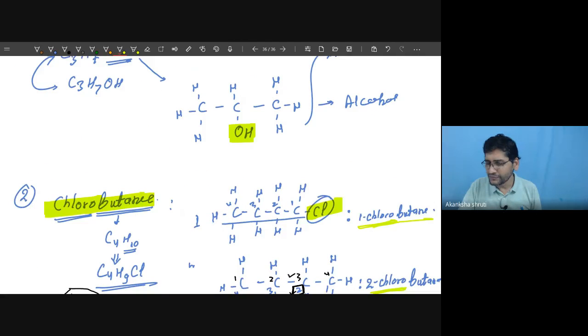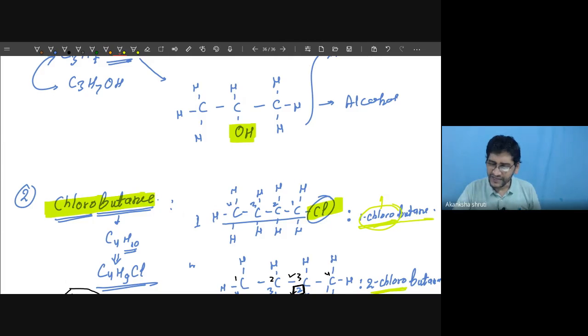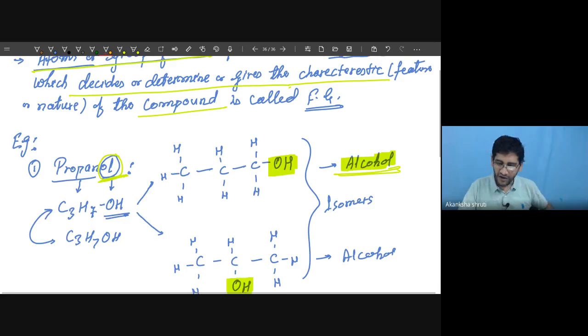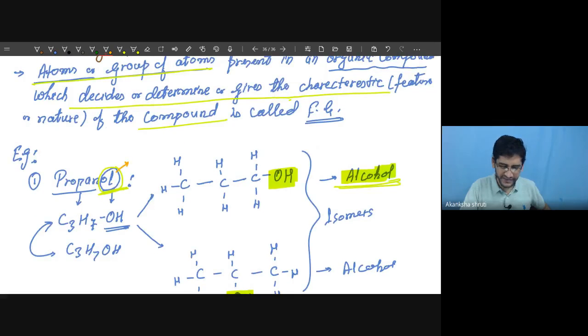Chloro is coming before the name butane, so this chloro is our prefix. So students, these functional groups are indicated in the name by adding either a prefix or the suffix. This is our suffix.